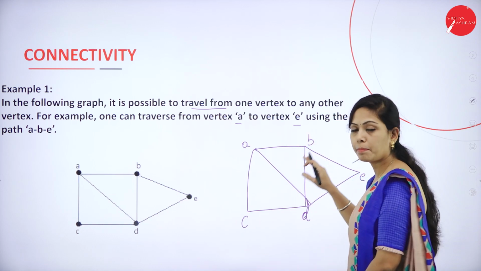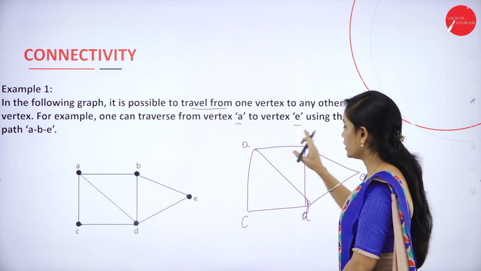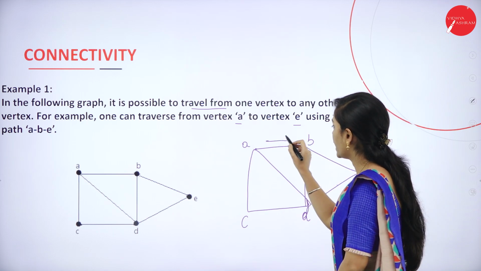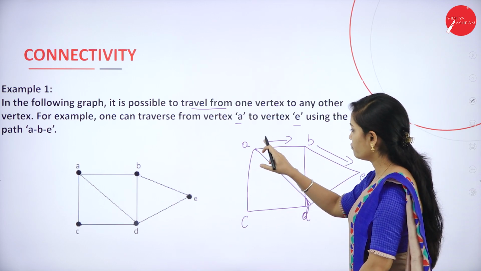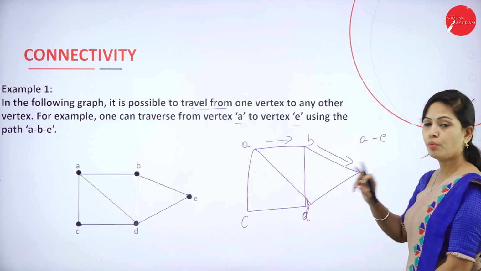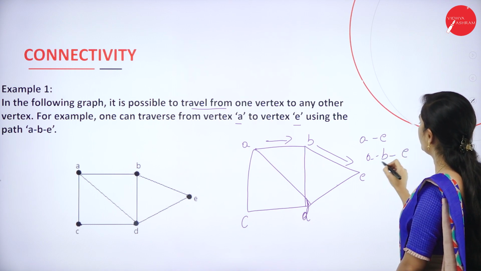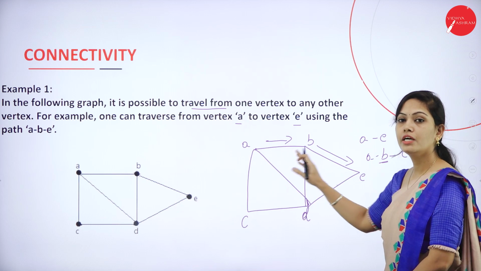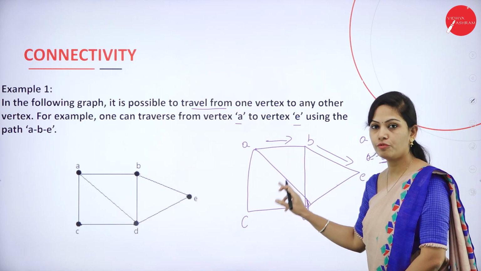For traveling from vertex A to vertex E, we have one path, that is A to B, then B to E. Clear? This is called connectivity between two vertices. There should be a path between every pair of vertices.